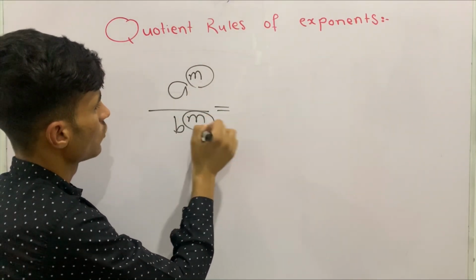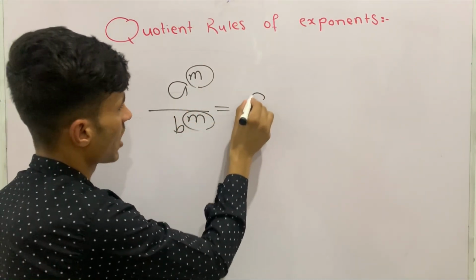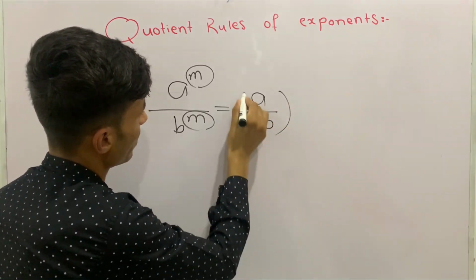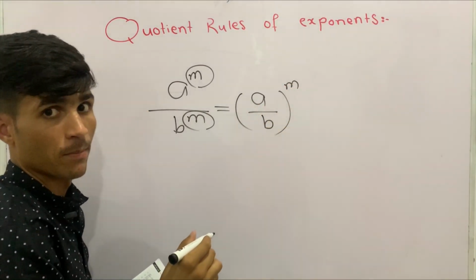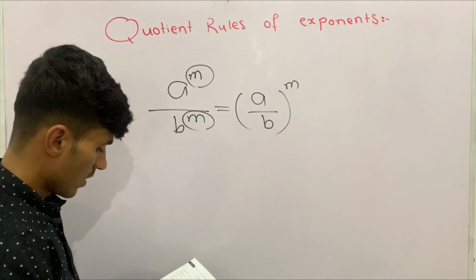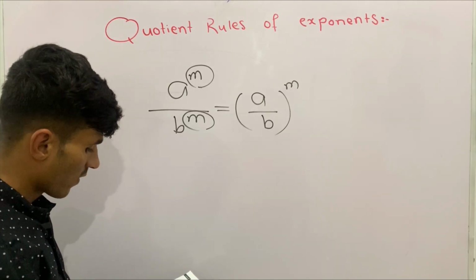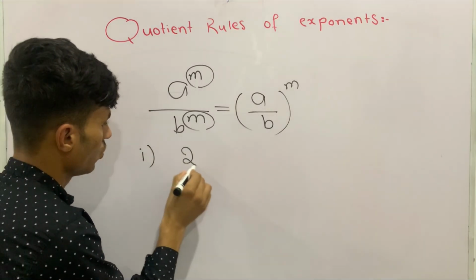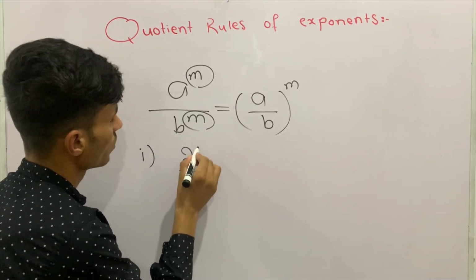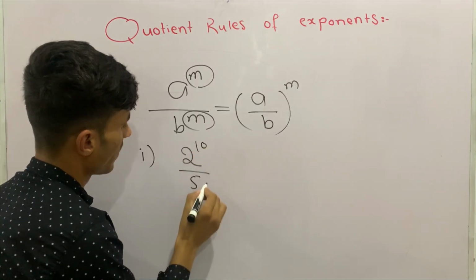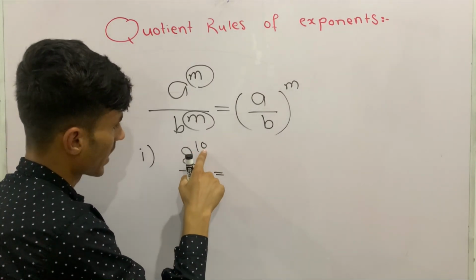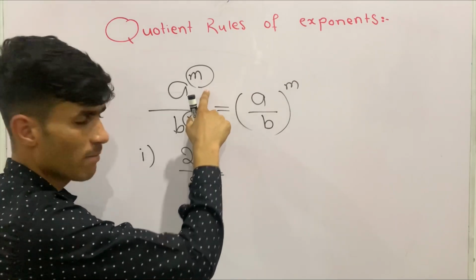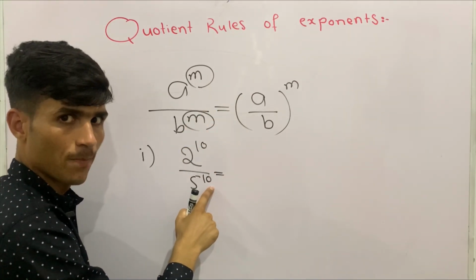So what you have to do is divide the bases by each other and take the common exponent, which is m. Okay, the very first example is 2 over 5 whole to the 10th, right? 2 to the 10th divided by 5 to the 10th. The exponents are the same, okay? m equals m, 10 equals 10.